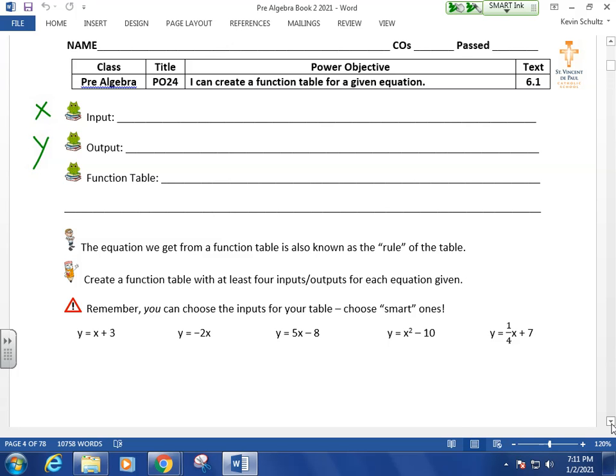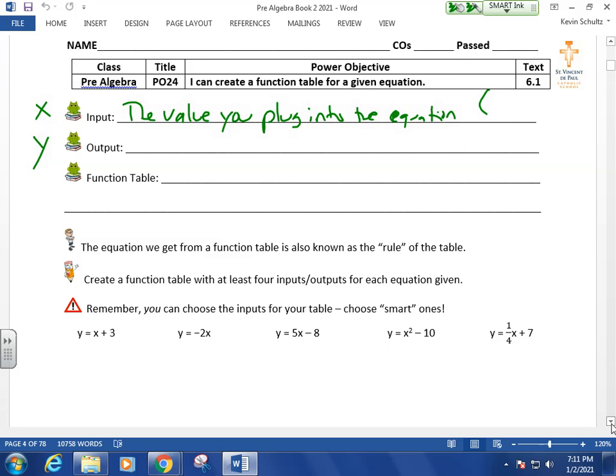The X-axis and the Y-axis. And the X variable is called the input because the input is the value that you plug into the equation. Again, you are plugging that value in for the X variable.